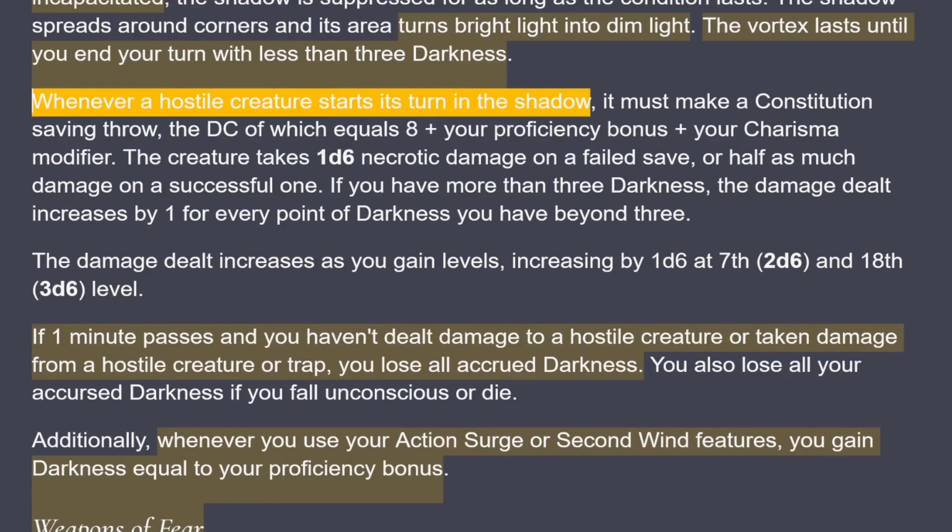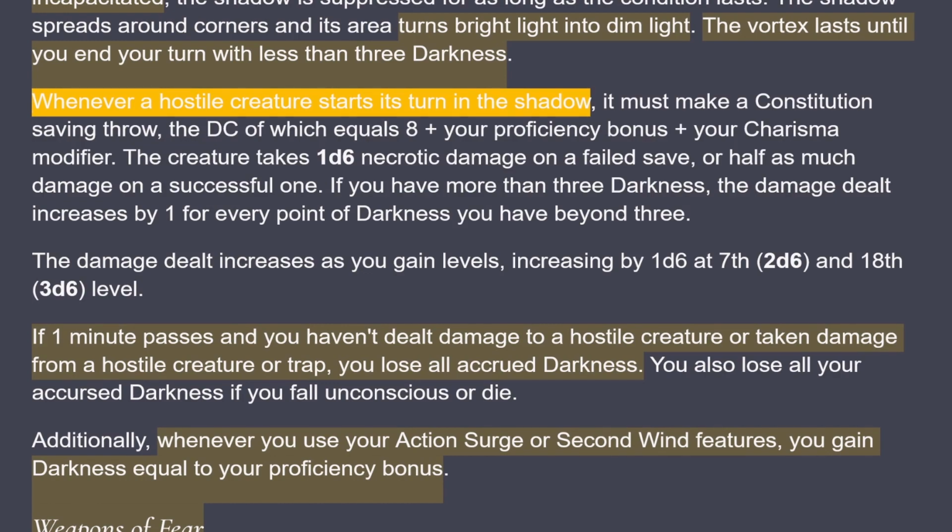So while you get your vortex on, not only do you have a dim light, shadowy presence within a 10-foot emanation, whenever a hostile creature starts its turn in that shadow, it must make a Constitution saving throw. It's 8 plus proficiency plus your Charisma modifier, which, let's be honest, it doesn't call out, but this subclass wishes it had a spellcasting modifier and that it's Charisma.